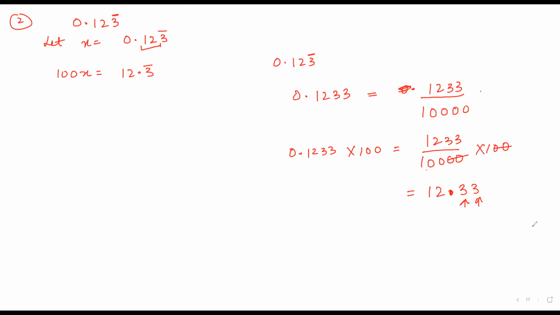Clear? Yes. So you have seen that only the recurring part is after the decimal now. So this is 12.3 bar, because the 3 will keep on occurring. I have taken only 4 digits to show you.